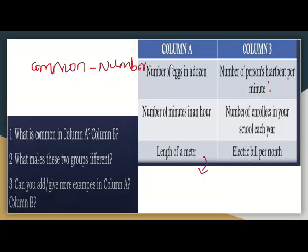The numbers in column A are what? They are fixed numbers, right? But in column B, what's happening? If I'm seeing the electric bill paid, are we all going to pay the same electricity bill? Obviously not. How much electricity you consume, that much you will pay.